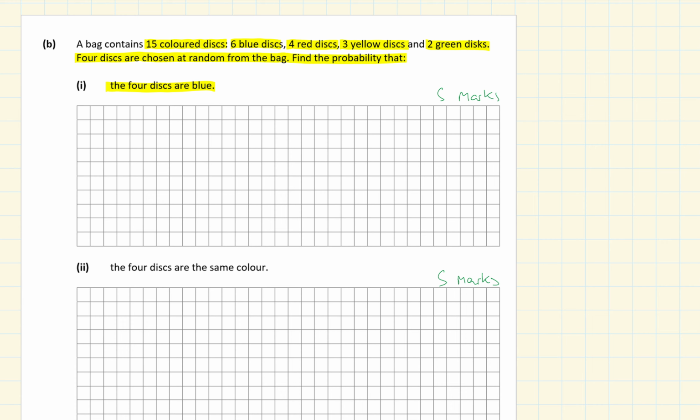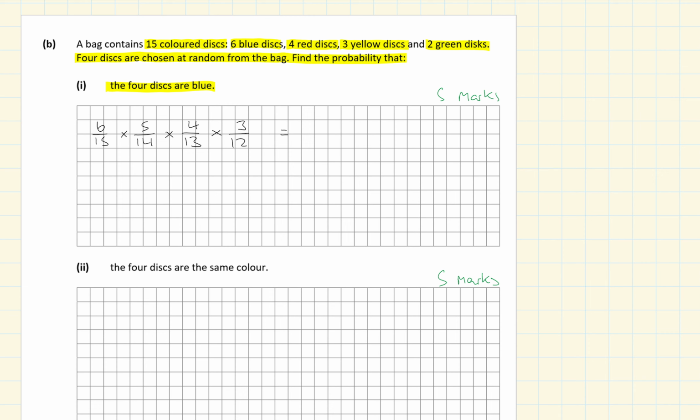So that means we'll have 15 and then 14. So then there'll be 14 left. They'll go again, 13 left, and the last time there'll be 12 left. And they want to know what's the probability the 4 discs are blue. So if we check, we have 6 blue discs. So my first time I get to take it out, I pick one of 6. Then there's 5 left, 4 left, and 3 left.